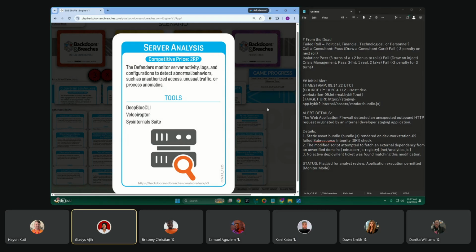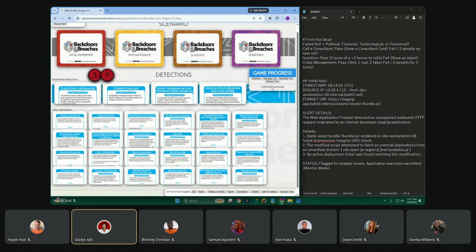Hey guys, so I want to step in a little bit here. I'm going to help you understand what is going on. What you need to really focus on is on the right side of the screen where Hayden has the notes, the third part that says alert details. That's your alert.